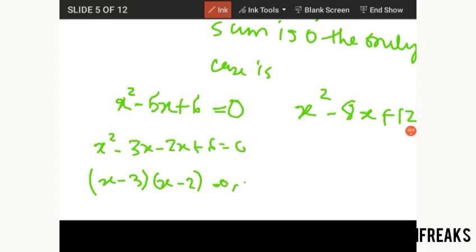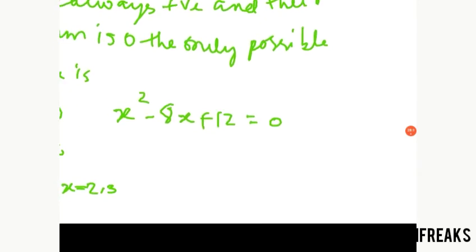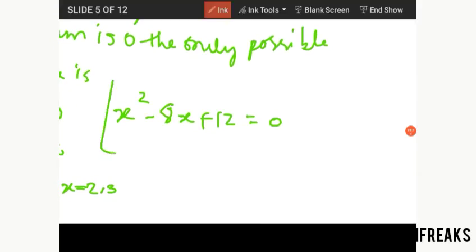From here we are getting two values of x, that is 2 and 3, and from the other, x² - 6x - 2x + 12 = 0.